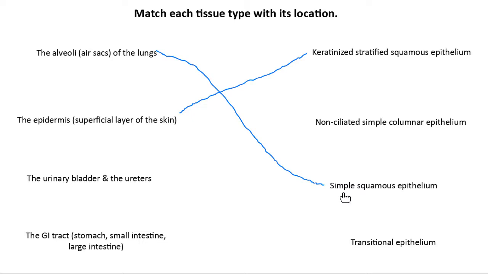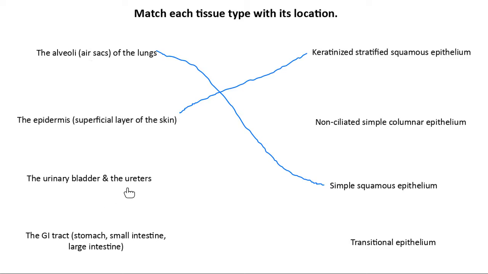Yeah, exactly. Simple epithelium means there's just one layer. In the lungs, where we need to get the oxygen from the air into your body, we don't want a ton of layers of epithelial tissue. We don't want stratified. We want simple, because then that oxygen can come straight in from the environment into your bloodstream. So simple squamous epithelium, we find that in the air sacs, or the alveoli, of the lungs.